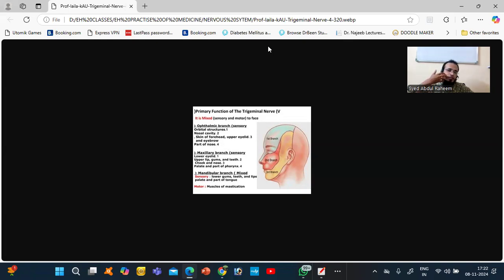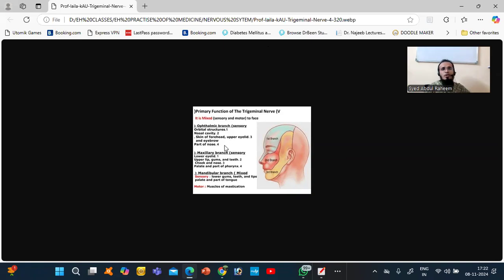It takes the sense from this area to the brain, and it also carries impulses from the brain to the area. We call that a mixed nerve. So it has three branches: ophthalmic branch, maxillary branch, and mandibular branch.